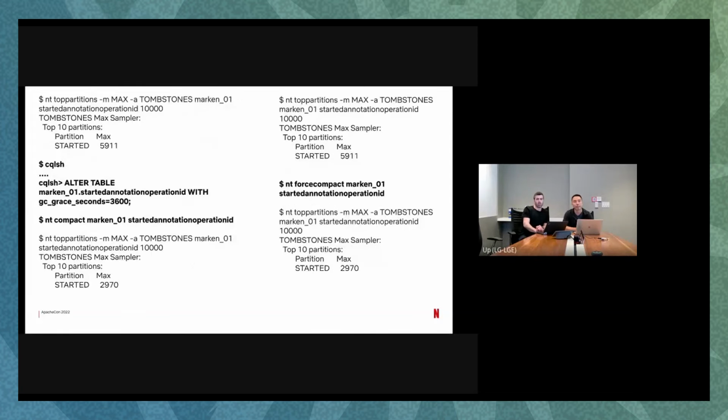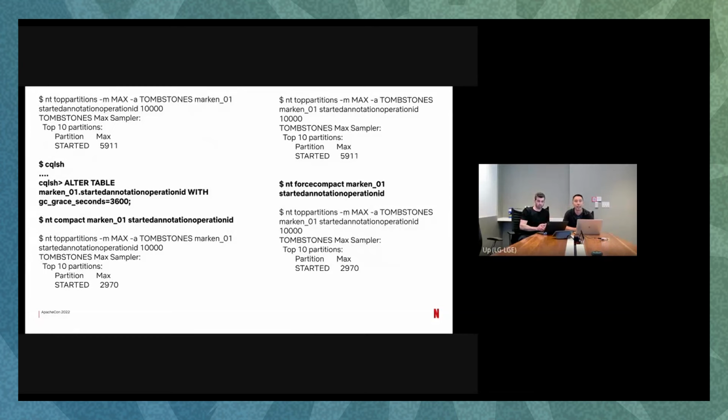This is an example taken from the previous example. On the left-hand side is what we did before force compact, as Jordan described: we run nodetool toppartitions to get a list of bad partition keys, then alter the table, set gc_grace_seconds to 1 hour, and run nodetool compact for the full table.